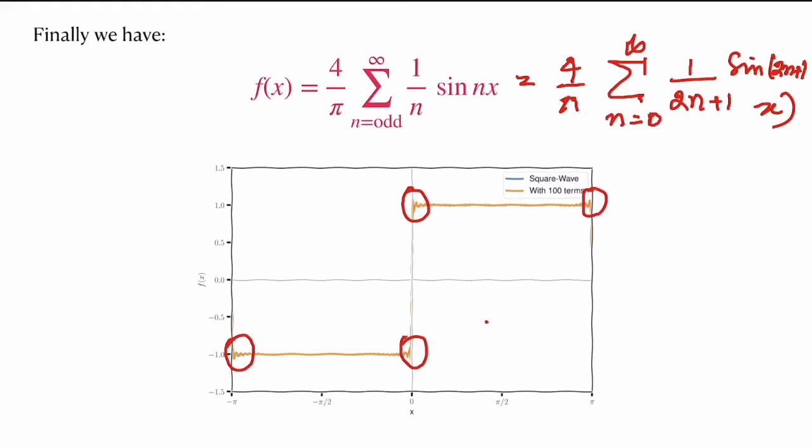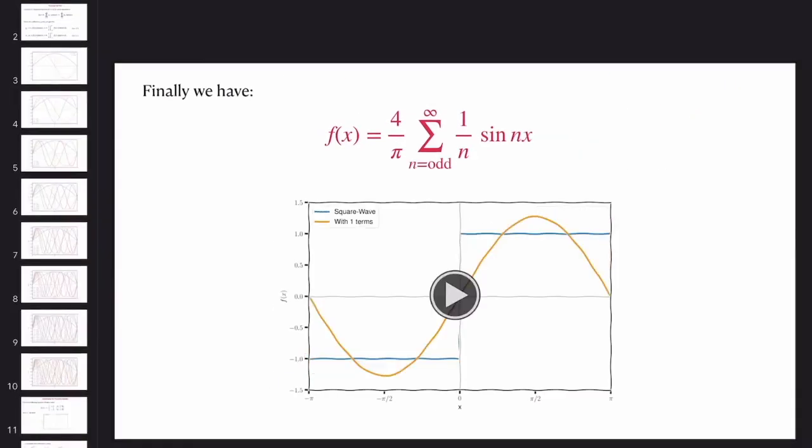This is what we have. Let's play it again, and you see that as we take more and more terms, it matches the original function which we want, and we have taken nearly 100 terms here to reproduce the function. It is not always necessary.